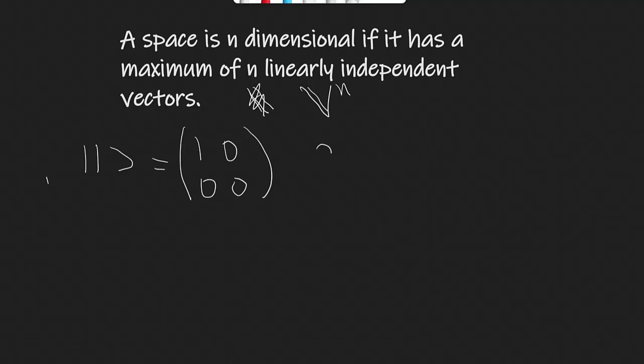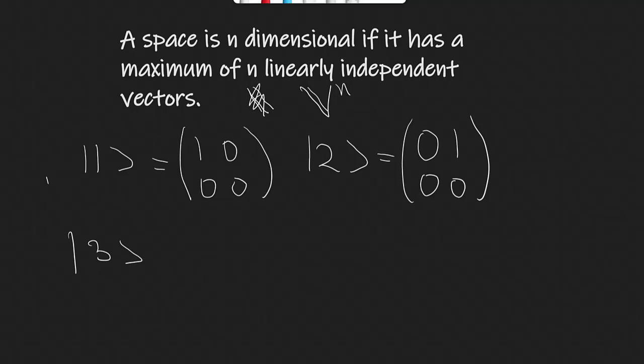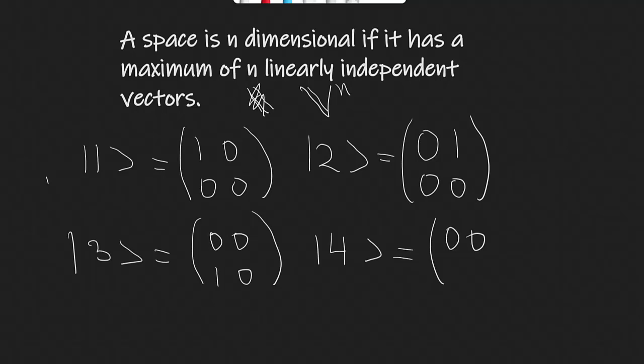We can have our second vector to be equal to 0, 1, 0, 0. We can have our third vector to be, well, we get the idea, 0, 0, 1, 0. And our fourth vector, in this case, will simply be 0, 0, 0, 1.